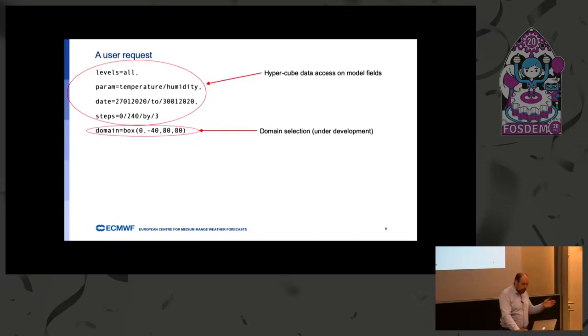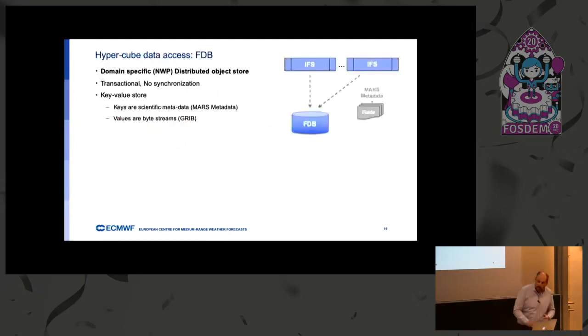Okay, how can we cope with the hypercube data access? We have a domain-specific object store that we call the FieldDB, FDB. Each data bit in our FDB is a layer, a field describing the atmosphere.